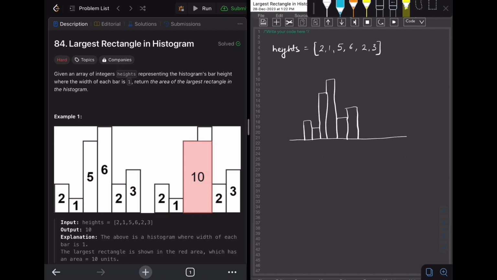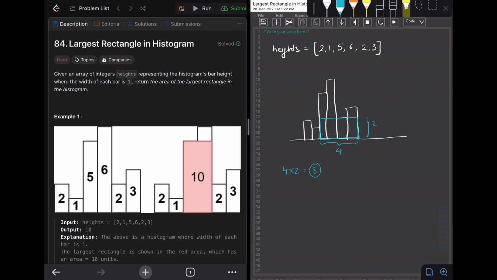And now we'll try to look at some of the rectangles which are in this histogram. So one example is this. What's the height of this rectangle? It's going to be 2. And the width is 1, 2, 3, and 4.